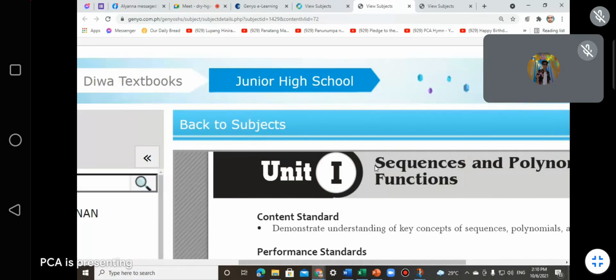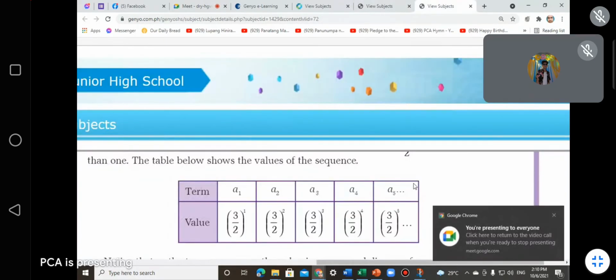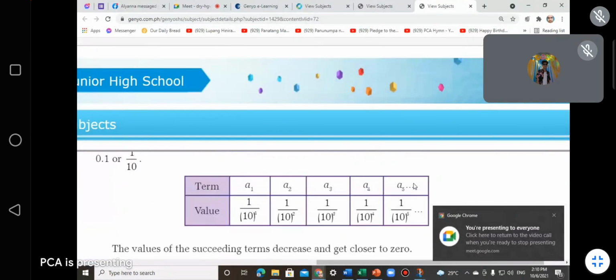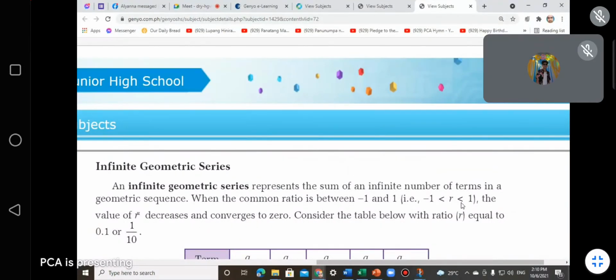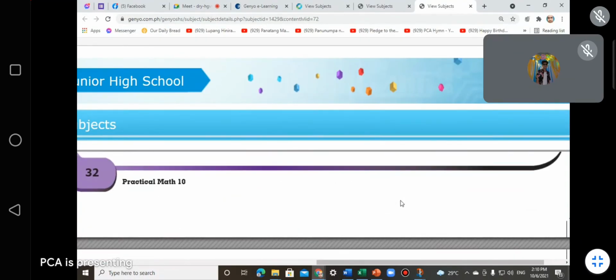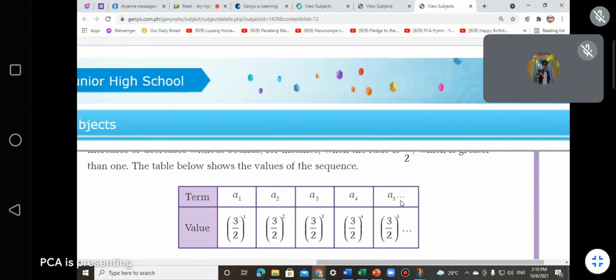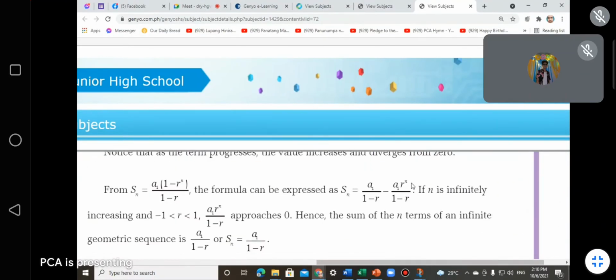This one, that formula. It can be disregarded. But this one has a condition: in between negative 1 to 1. It can be disregarded coming from this geometric series.